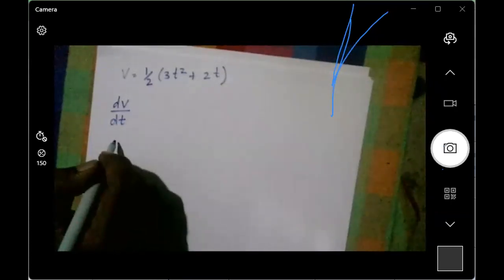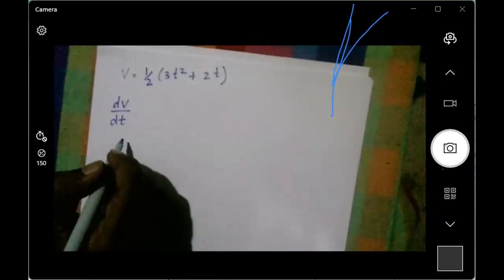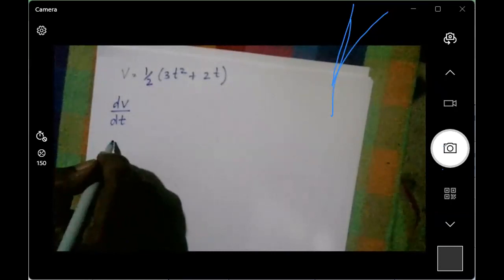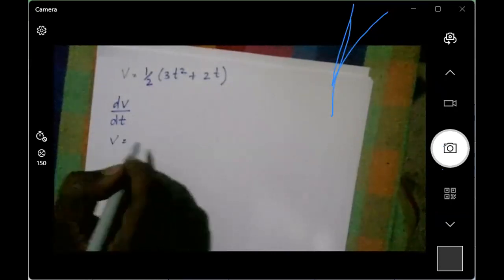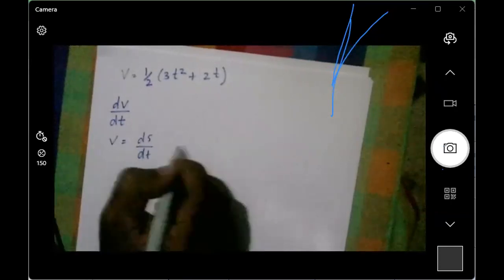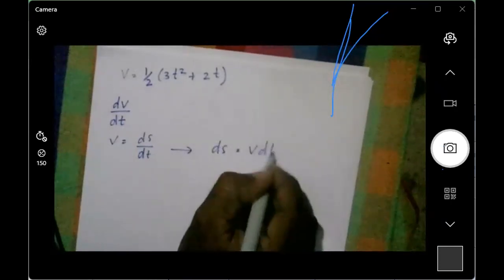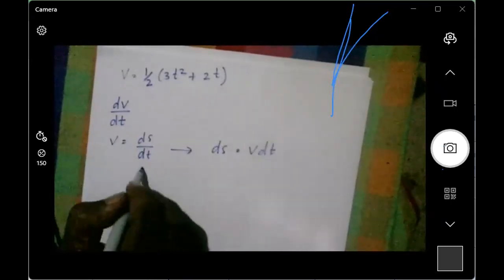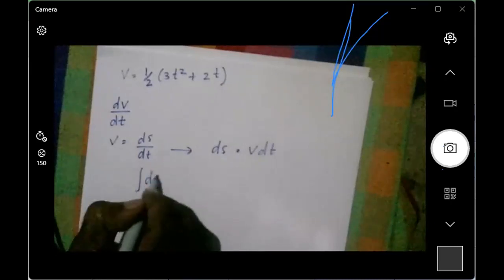And what is the position? By integrating, we know that velocity v is ds over dt. From this we can get ds is actually v dt, so you can take the integration on both sides.